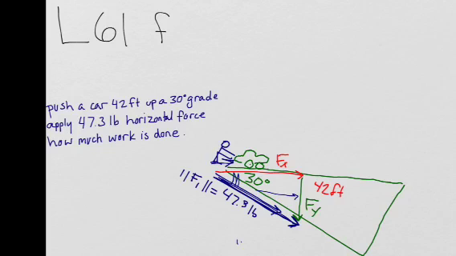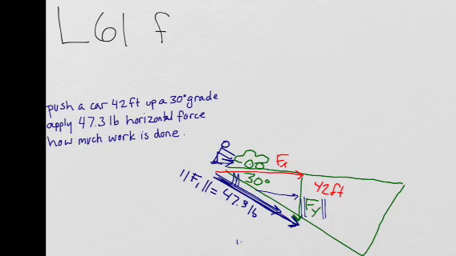That would be the opposite over the hypotenuse, which would be the sine. So the sine of 30 equals the absolute value of Fy over the hypotenuse, 47.3.